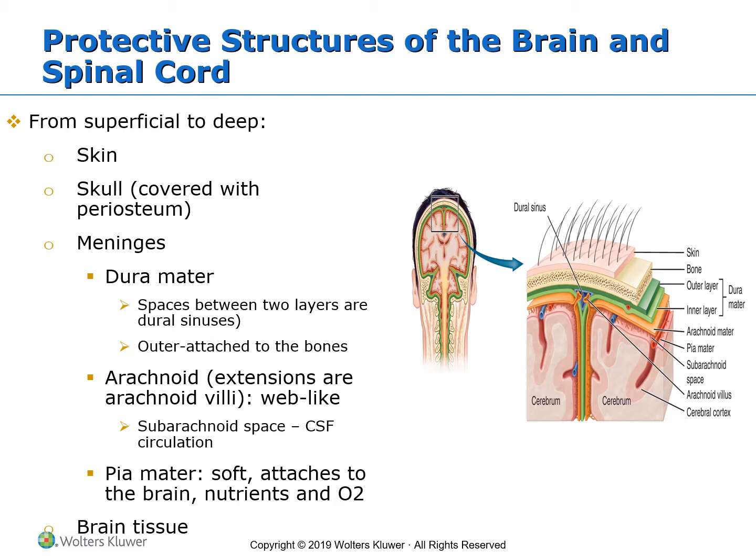Moving in under the skull bones, we'll find what is called the meninges. The meninges are the covers of the central nervous system. We described them quickly and not in a lot of detail when we discussed the spinal cord, because we will discuss them in depth at the level of the brain.